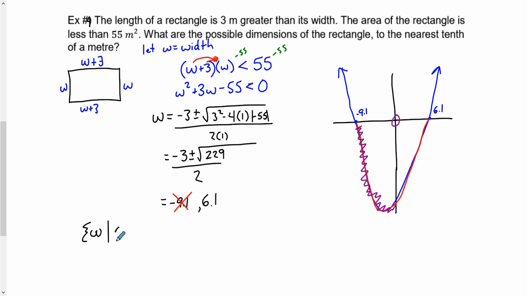So our width would have to be between 0, so it can't be equal to 0, and to the nearest 10th, it also would have to be less than 6.1, because it was what, 6.06 or something like that? Yeah. So it would have to be between 0 and 6.1, but we wouldn't be able to include either of them.